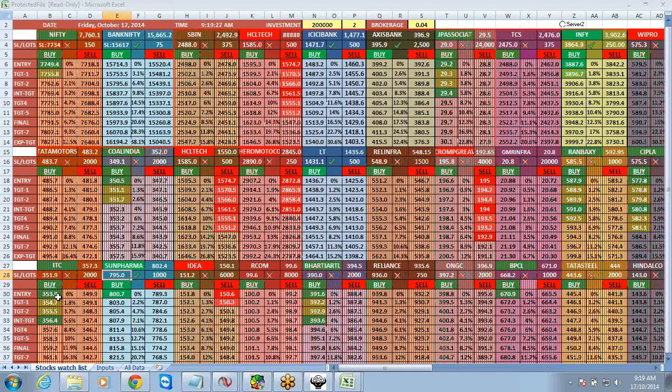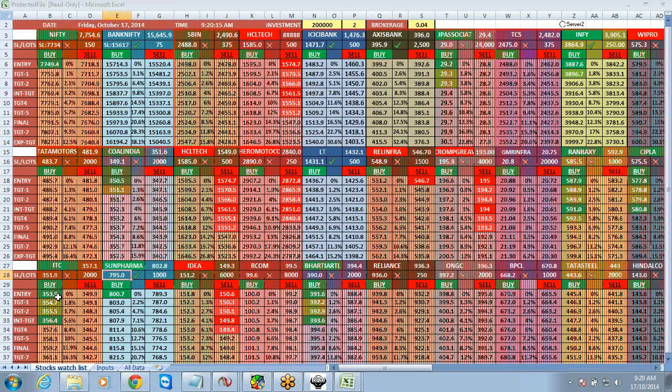So at 9:20 we'll again take the current day data. One thing you'll have to understand is the cash market price.